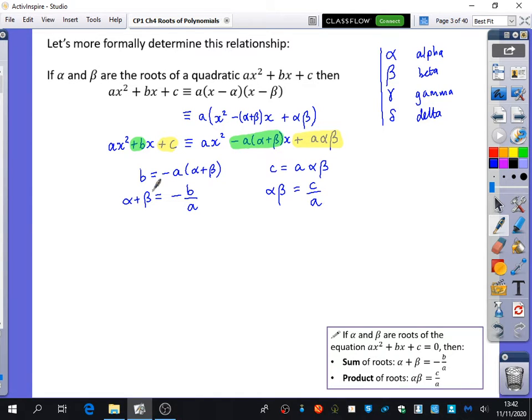So this is the sum of the roots. The sum of the roots is equal to the negated b coefficient divided by the a coefficient. And this one we call the product of the roots.